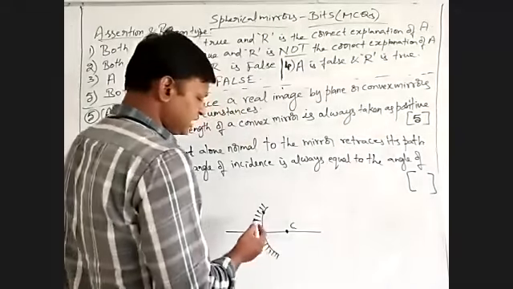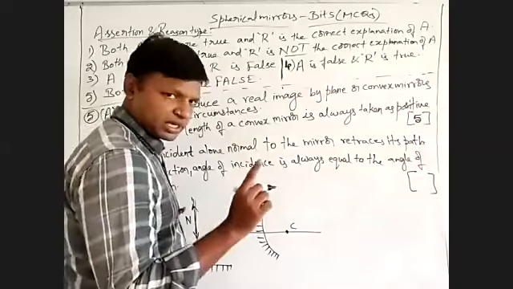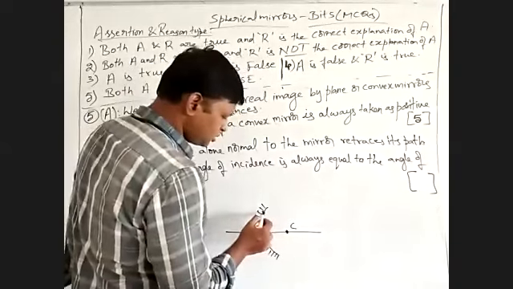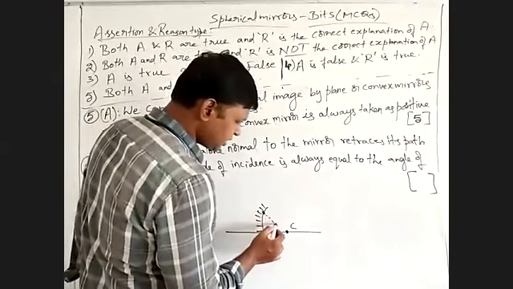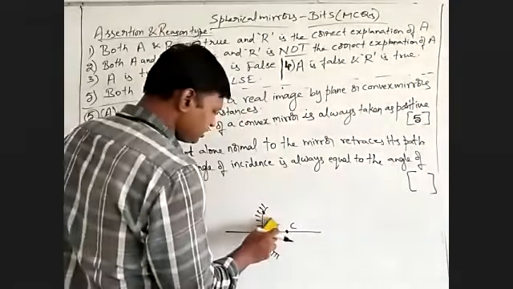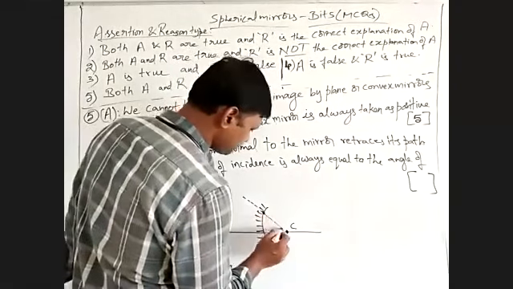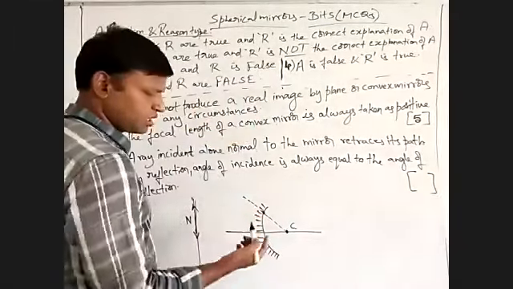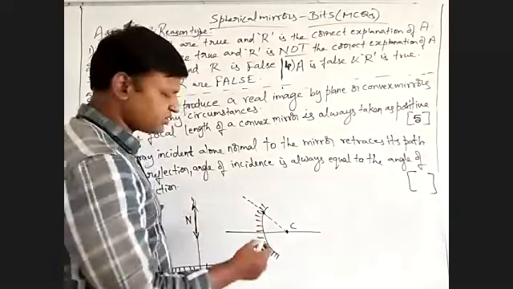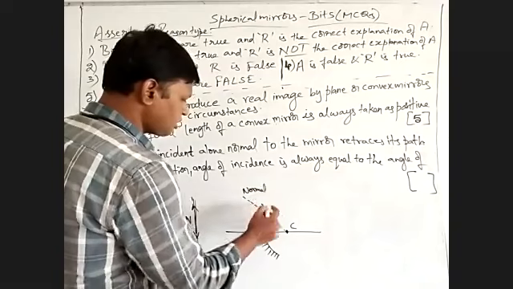Normal means a line drawn joining the center of curvature and any point on the surface. This is the normal for a curved mirror.